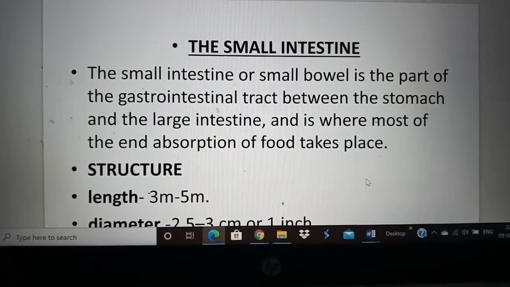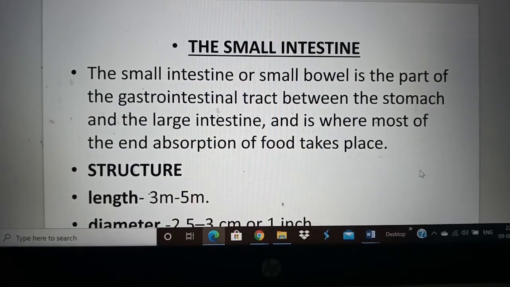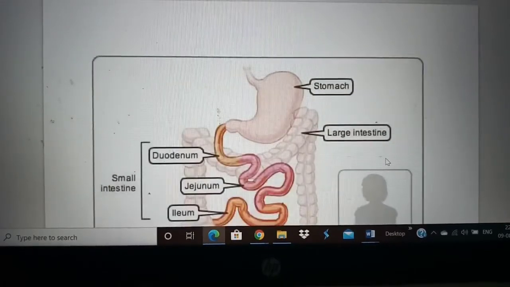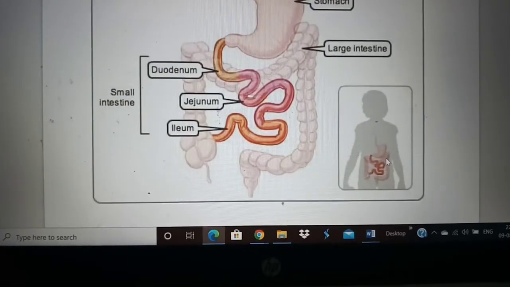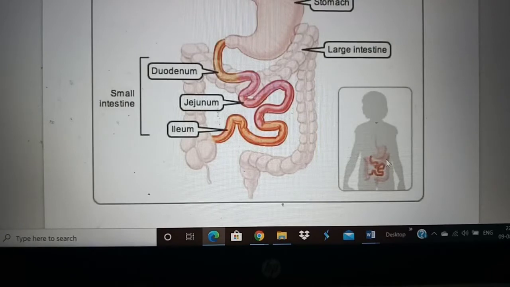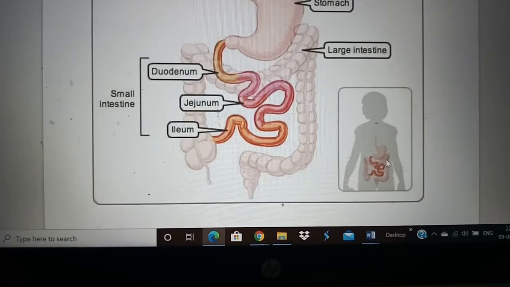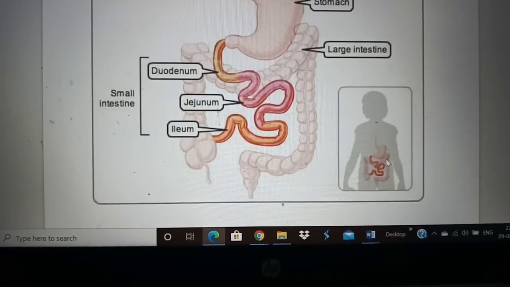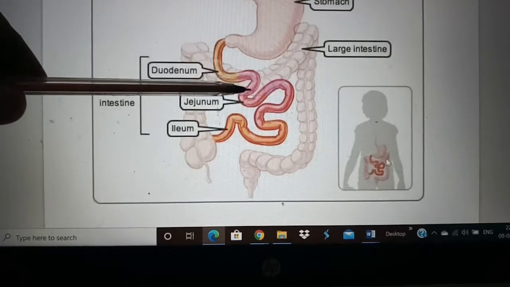Now we'll go on to the next digestive organ, the small intestine. The small intestine, or the small bowel, is the part of the gastrointestinal tract between the stomach and the large intestine, and is where most of the absorption of food takes place.